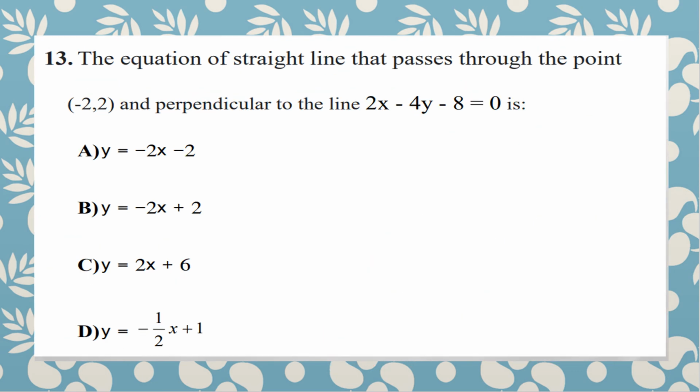Question 13. The equation of the straight line that passes through the point negative 2 and 2 and is perpendicular to the line 2x minus 4y minus 8 equals 0.